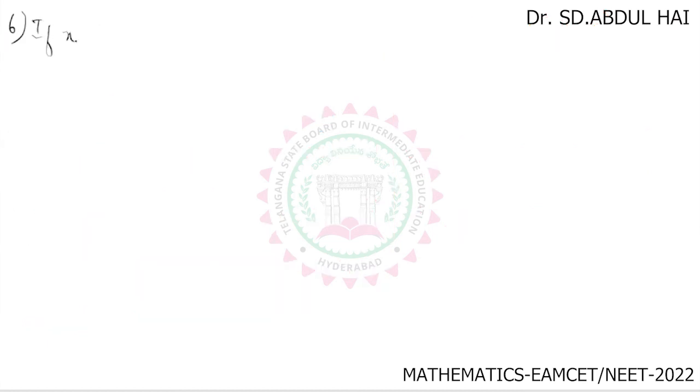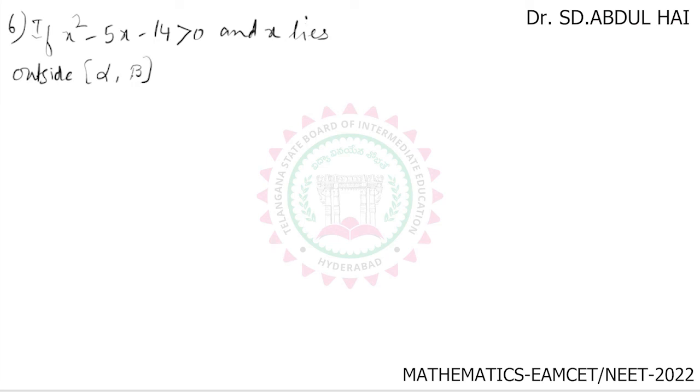If x square minus 5x minus 14 is greater than 0 and x lies outside alpha comma beta, then alpha by beta is equal to, the first option is minus 2 by 7.